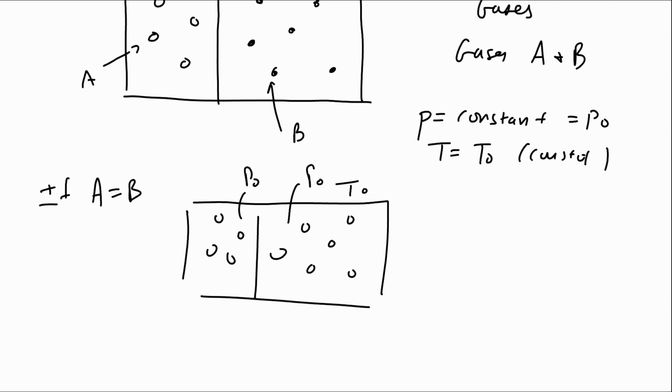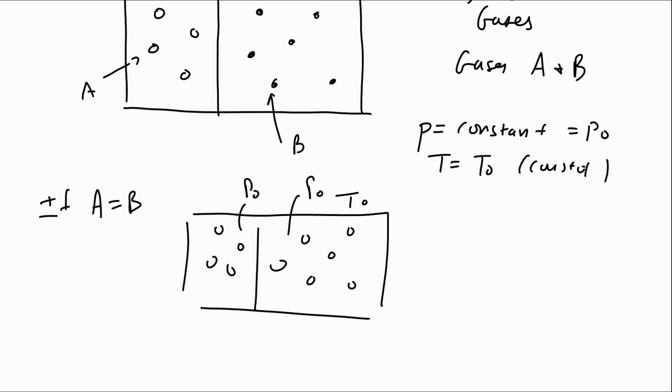But if I have 4 moles and 6 moles, I take the partition out, put it back in, I have a gas with the same stuff on both sides. Pressures are the same. There's no thermodynamic cost. There's no thermodynamic impact of taking the partition out and putting it back in. It's all reversible. That makes sense?